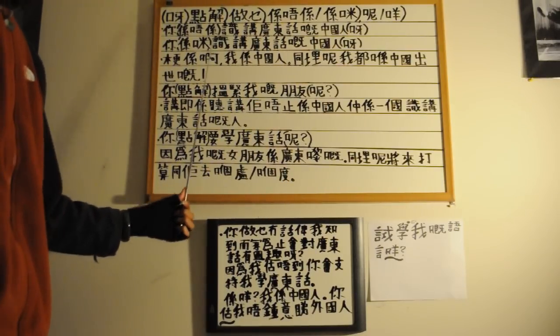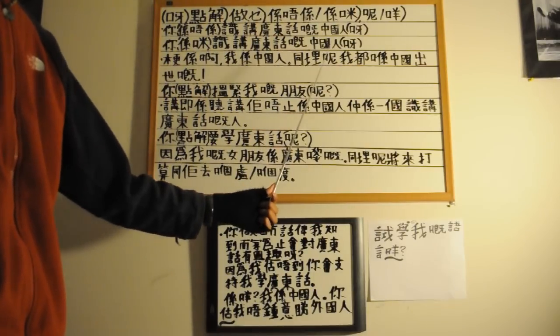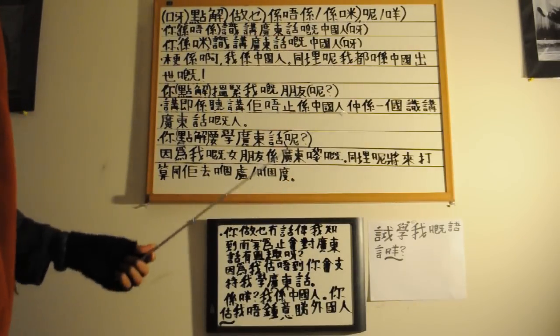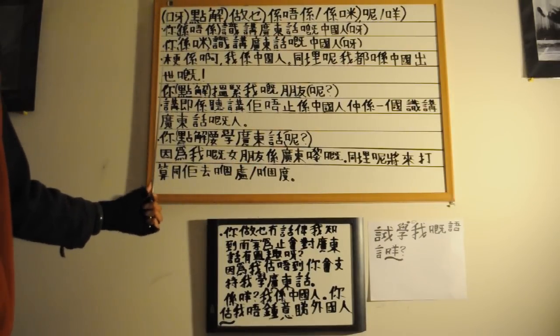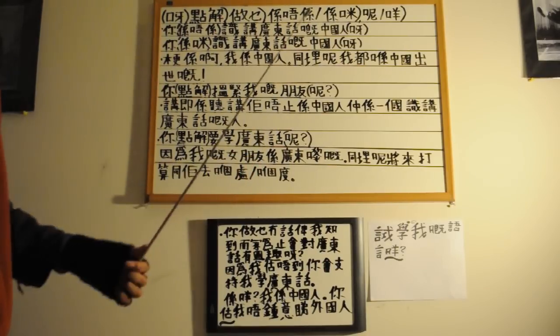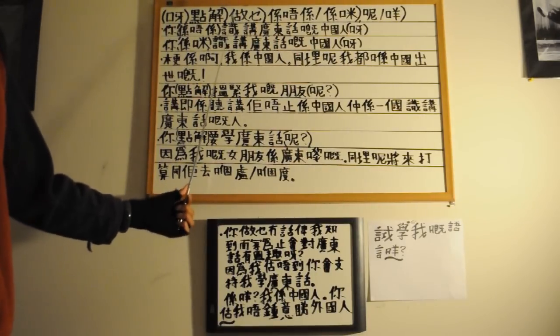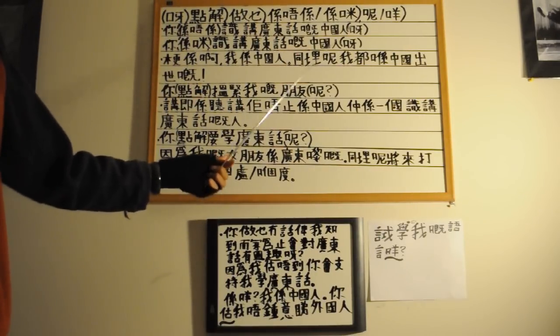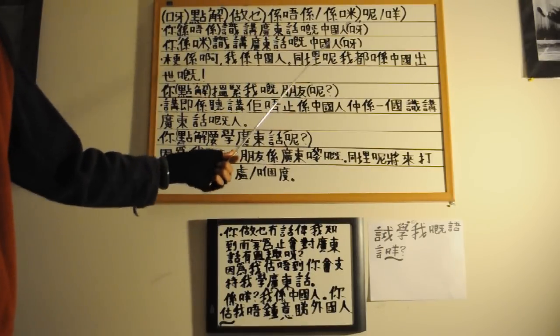As you can see here in parentheses, we have the hai hai, and then you have the ah. So this is a question, a translation: are you a Chinese person that can speak Cantonese?